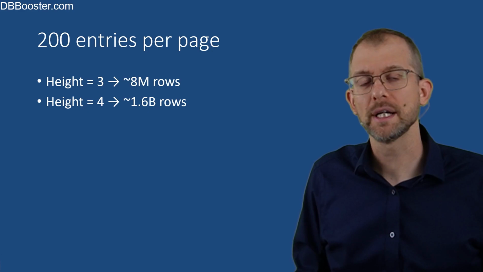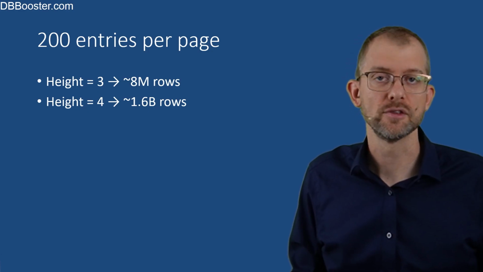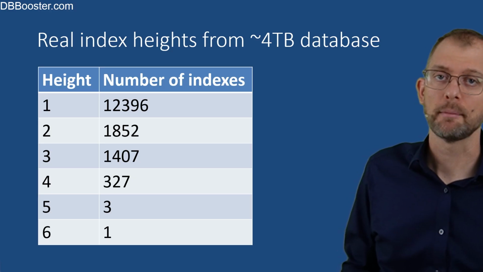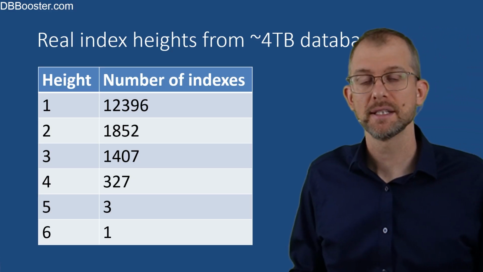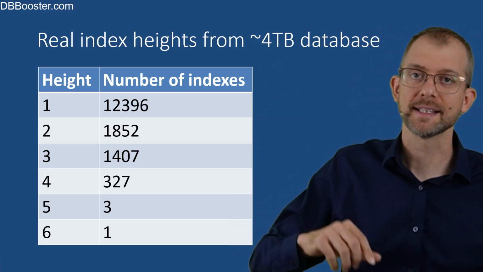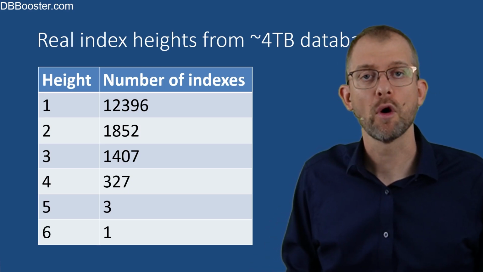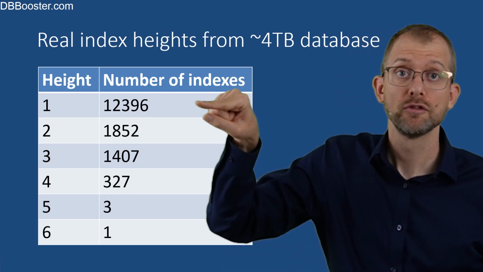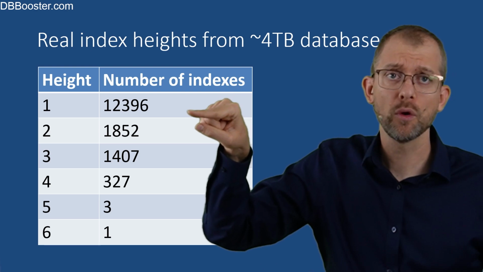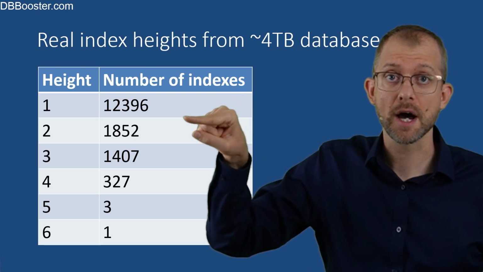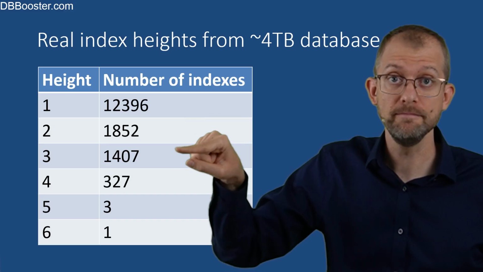Maybe you are wondering, what's the index height in real life? This example comes from a production database, about 4 terabytes in size. Many indexes have a height of 1. Those are for small or empty tables. Most indexes are height 2 or 3.